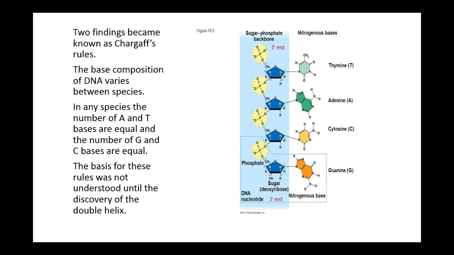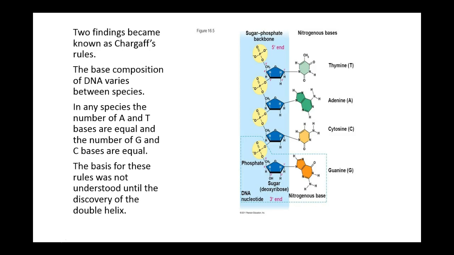It's ho-hum to us now, but it was earth-shattering then. And in many species, the number of A and T bases are equal, and the number of G and C bases are equal. This means that it was inferred that there must be some correlation between the A and T and the C and G.